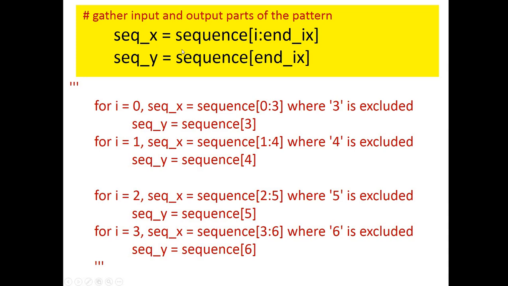So sequence X will be basically from the i value till the end index, which will vary for 0, 1, 2, 3 up to 6. You can see that X will have 3 values and Y will be the output, one single value. You can see the comments below.